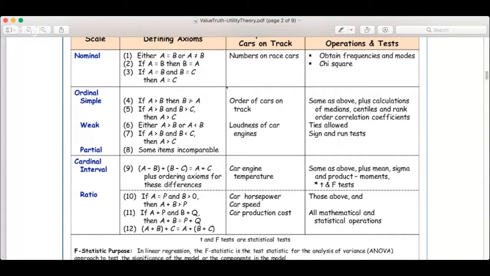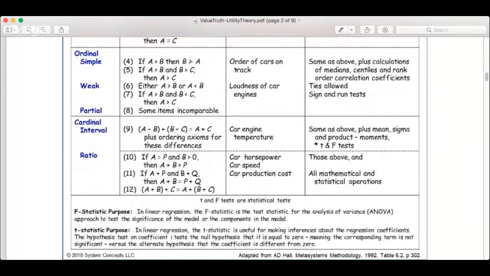So those things are very important. Then, of course, there are two types of cardinality, the cardinal scales, the interval and the ratio. And these are things that human beings are not good at, not good at making these types of judgments. However, in the systems engineering, systems science area, there have been people who have tried to use them.